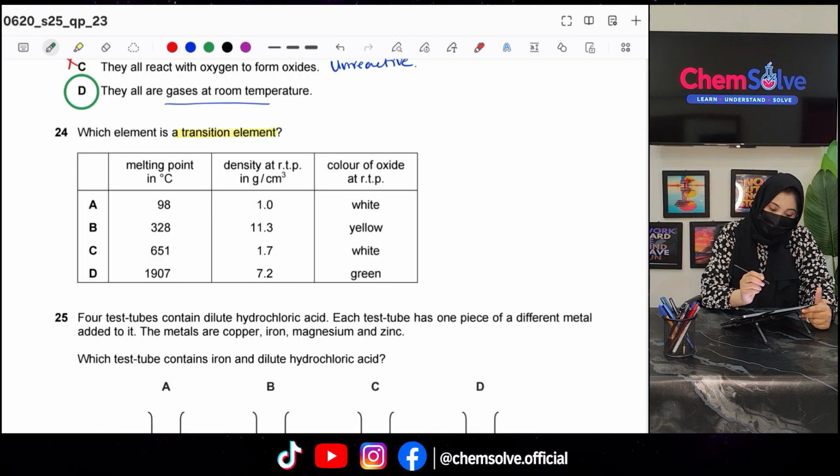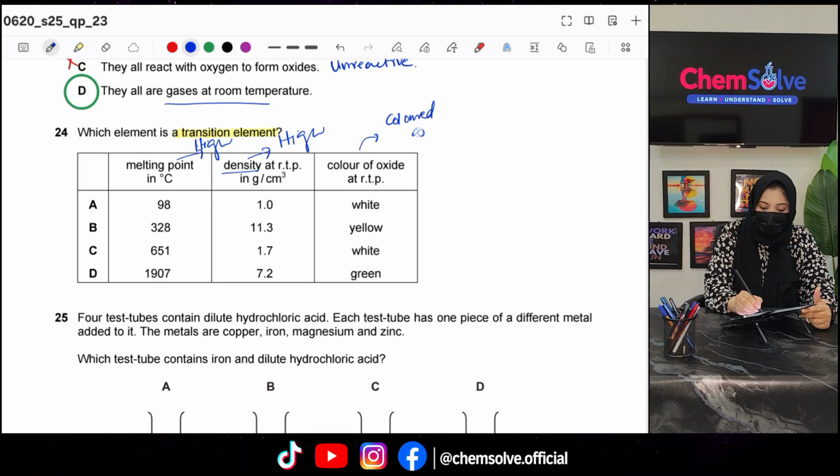So we know the melting points of the transition elements are high. The density is also high, and they form colored compounds.